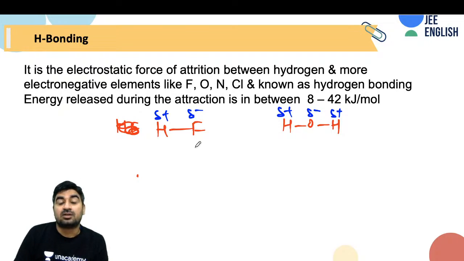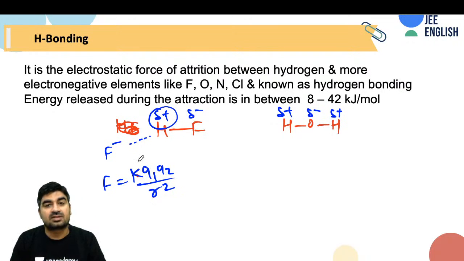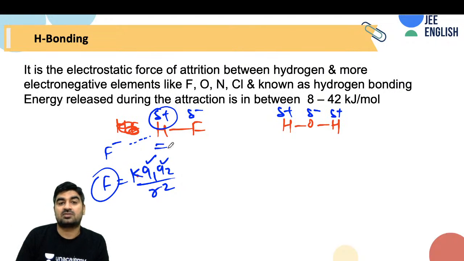When this hydrogen having partial positive, yes, it can interact with F minus. So the force of interaction will be K Q1 Q2 by R square. So the larger the charge, the larger will be the force of attraction. And how large a charge will be generated?